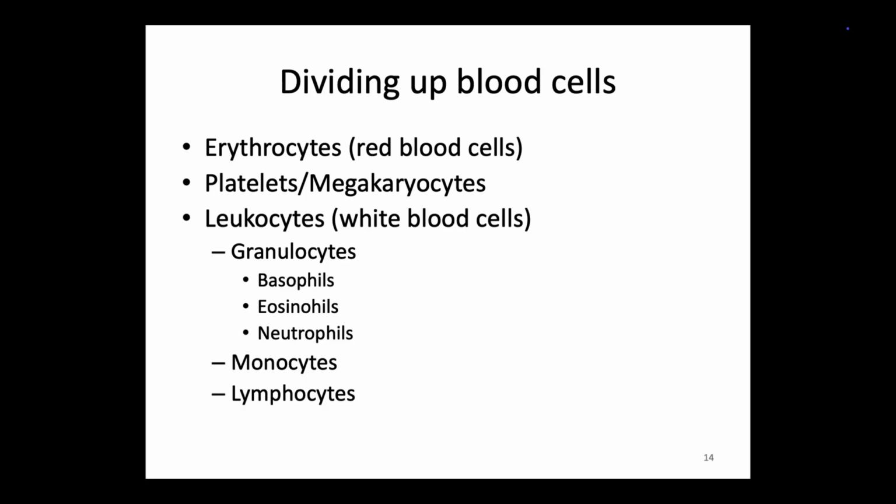Leukocytes mean all white blood cells. Lymphocytes are a group within leukocytes. And this is true for all of the groups, but there are more cell types within them. So there are, for example, three major types of granulocytes that you can see here.